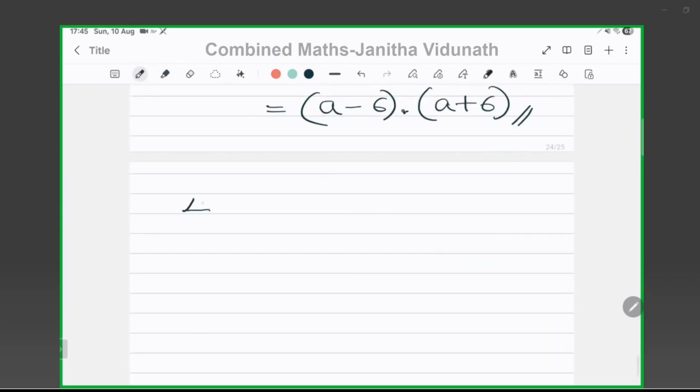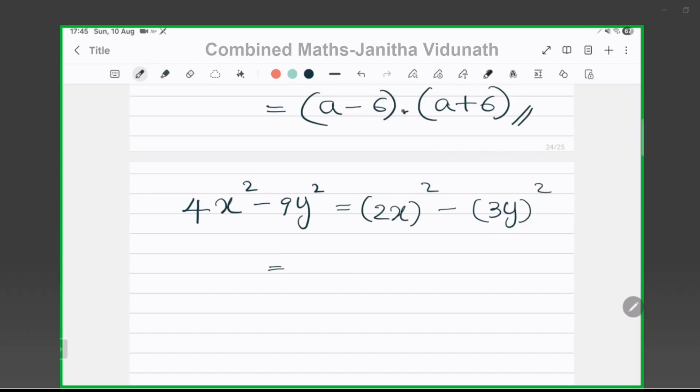If we have 4x squared minus 9y squared, first we need to try to write this as a difference of squares of two expressions. Here 4x squared means 2x whole squared, and 9y squared means 3y whole squared. Then we can factorize this by using the difference of squares. That means first term minus second term times first term plus second term.